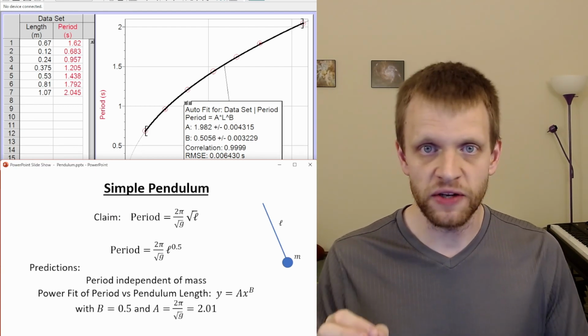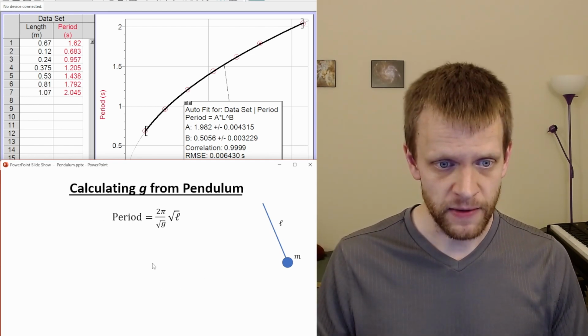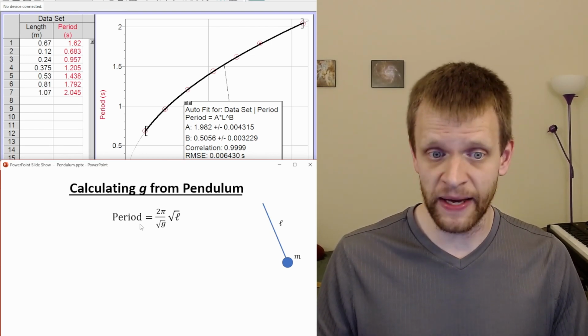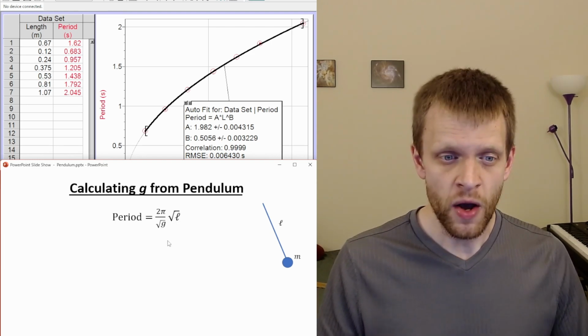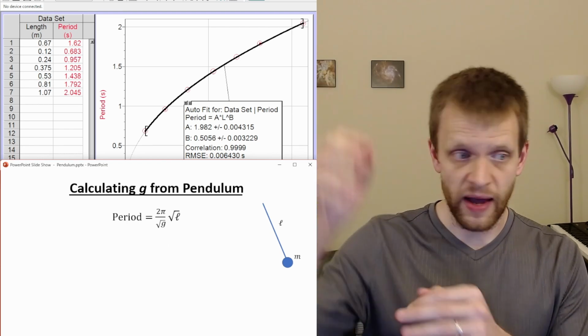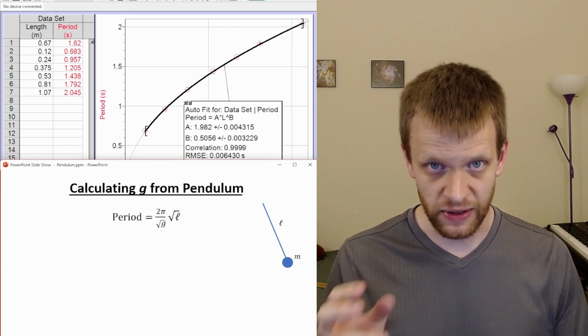We're going to use each one individually and try to measure the value of little g. Because if the period for any pendulum is 2 pi times the square root of the length divided by the square root of g, then if I have any pendulum and I know the length and I measure the period, I can use that to get a measurement of little g.